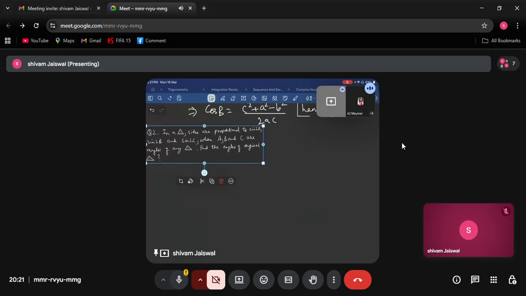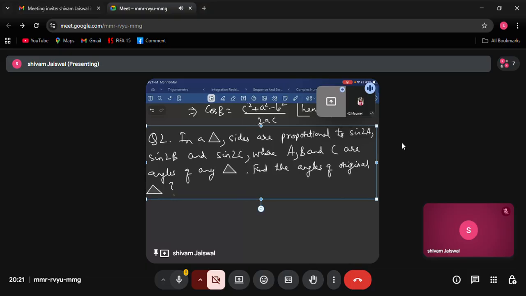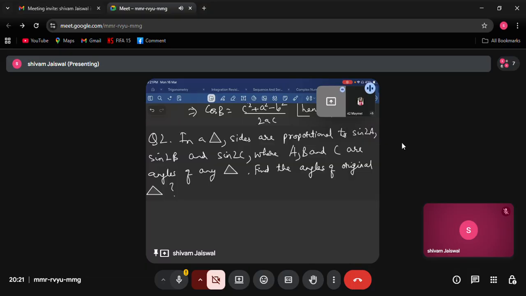Solve everyone. Question number 2. Similar kind of question. Tell me what is the answer.